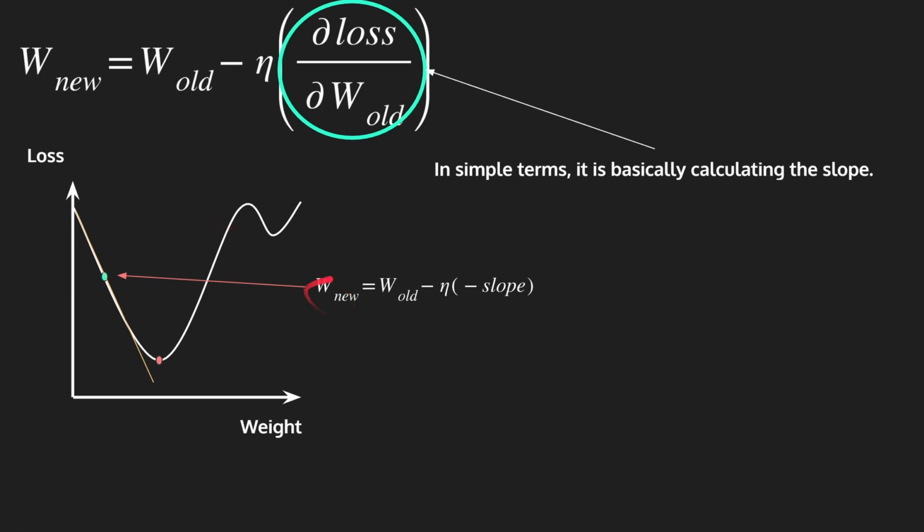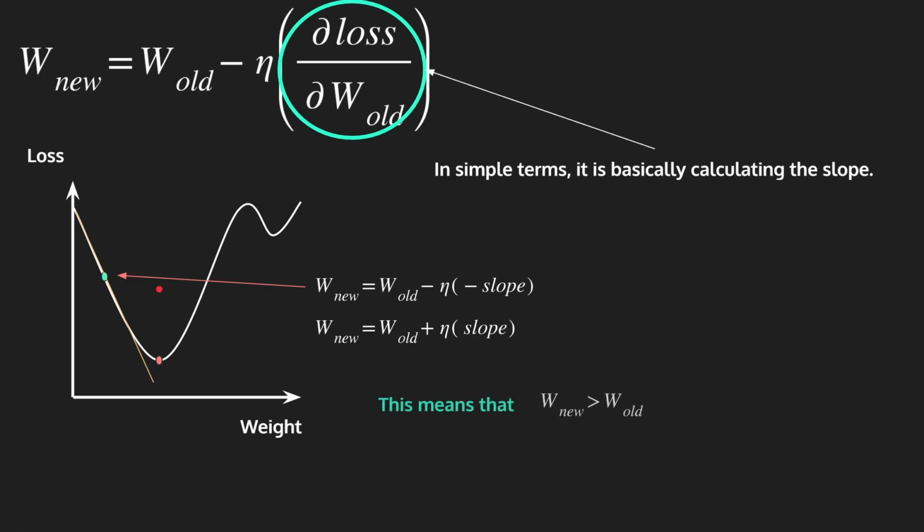And since the slope is negative, you see how it's negative, then the new weight will be added onto the older weight, because negative times negative is positive. So it'll be the learning rate times the slope, which we add to the old weight. Now we will be getting a new weight that's further to the right of the current weight, right?